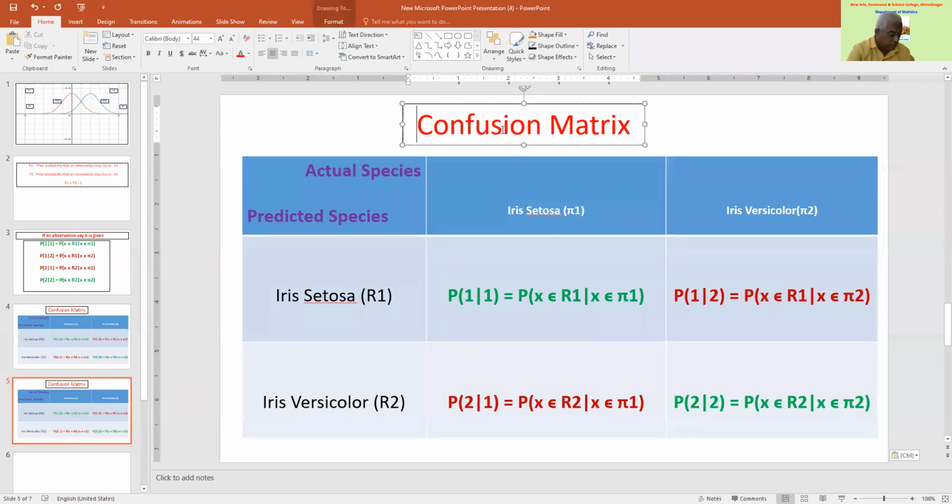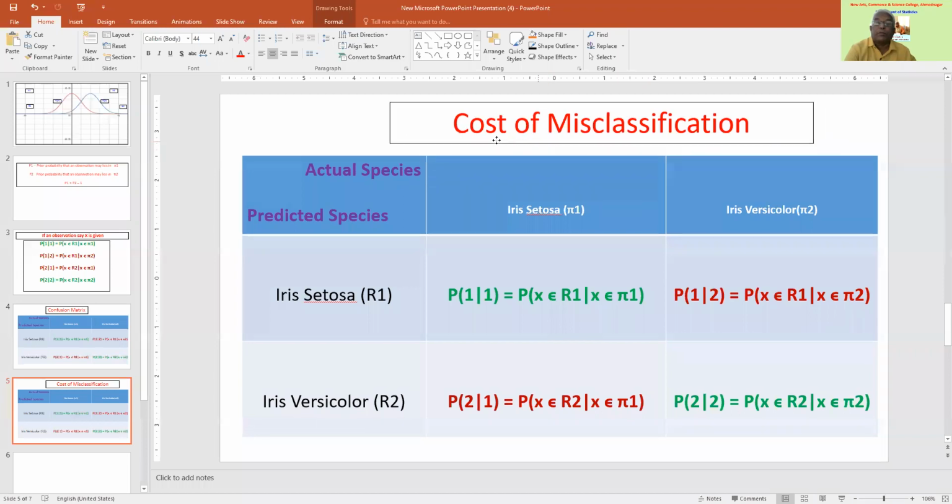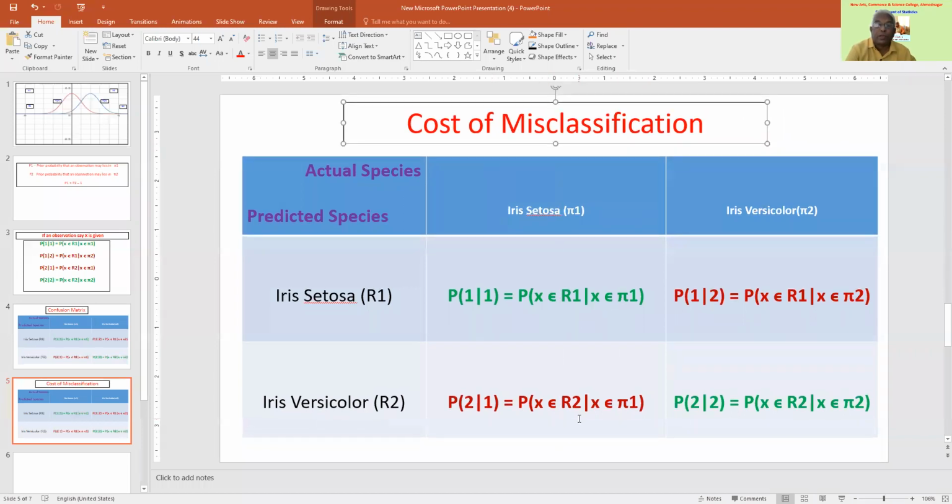I will give it another name, cost of misclassification. Okay. Now we'll work with the same thing.